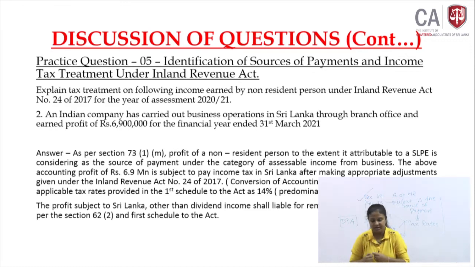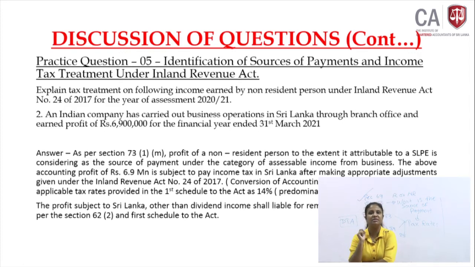Now, since I am discussing this part, I have one question. Can you apply the 14% for business income of the SLPE when computing the tax on taxable income? Can you apply the 14% under the small and medium enterprises?